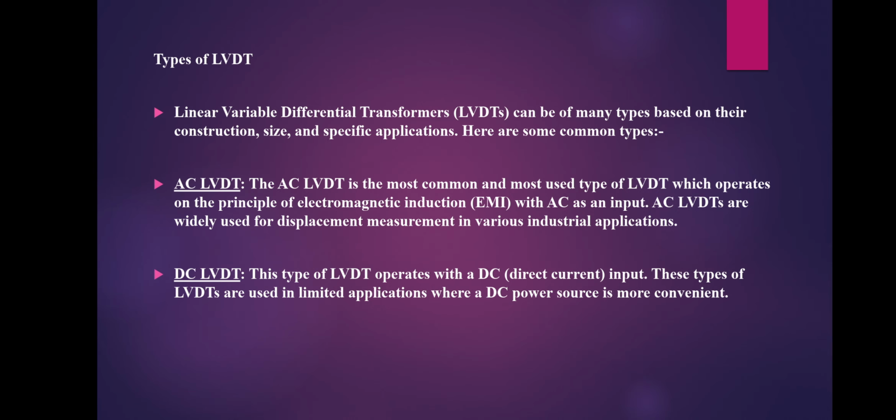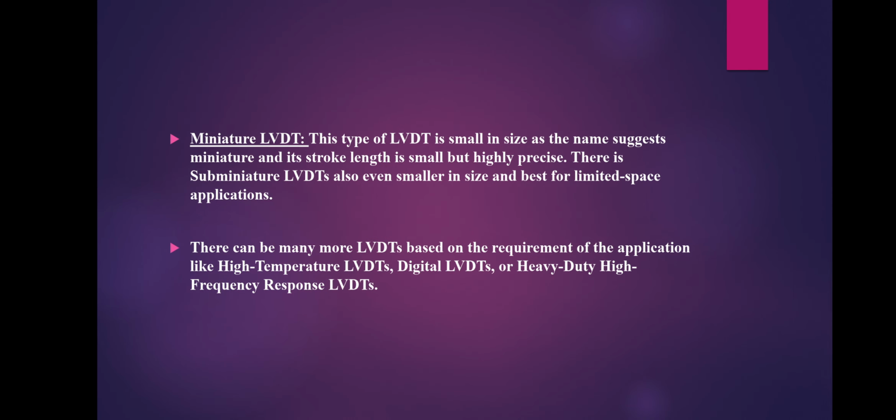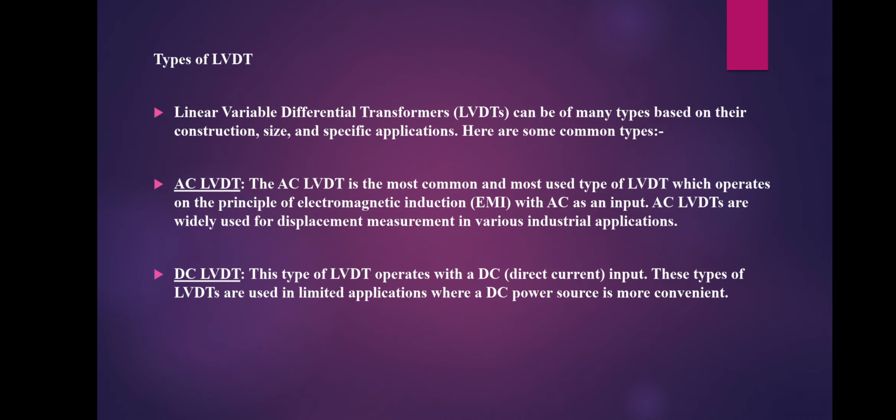Types of LVDT. LVDT can be of many types based on their construction, size and specific applications. Here are some common types: AC LVDT, DC LVDT, miniature LVDT. Now we are going to discuss AC LVDT.